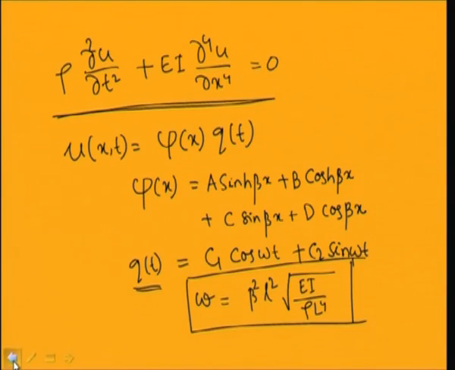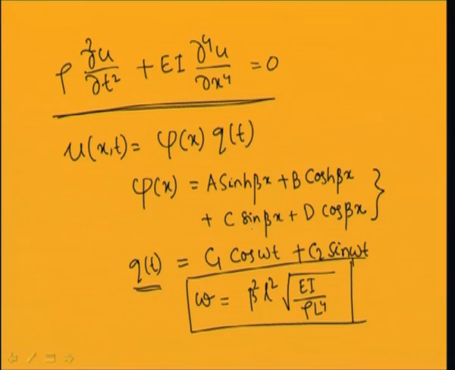The mode shape can be written in this form, and we have obtained the constants a, b and d as 0, leaving only the expression for psi x in the case of the simply supported beam.